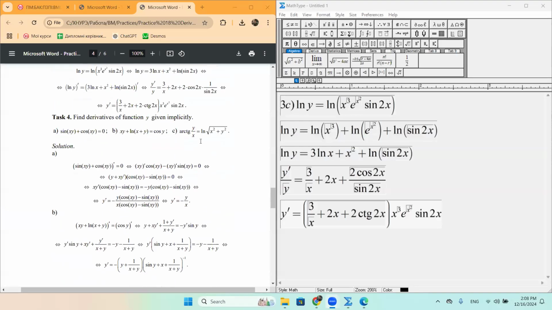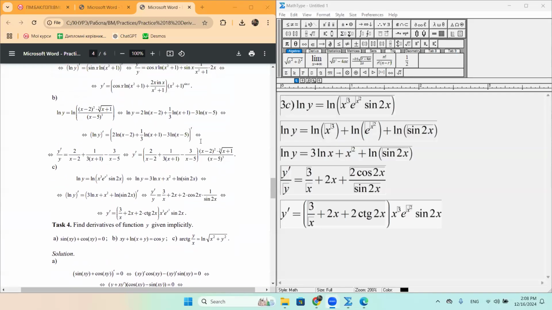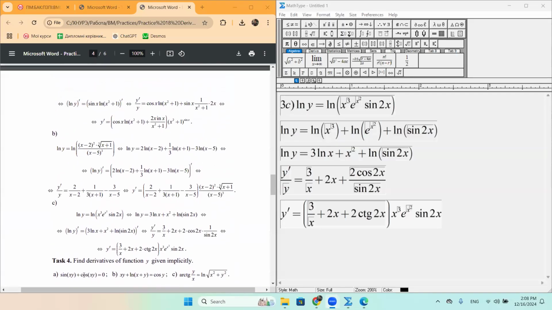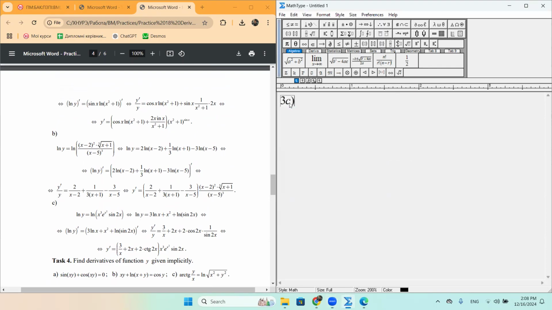Let's continue. So the next part, we need to find derivatives of a function that is given implicitly. What does it mean? It's just given like an equation, but y is not written in the explicit way.